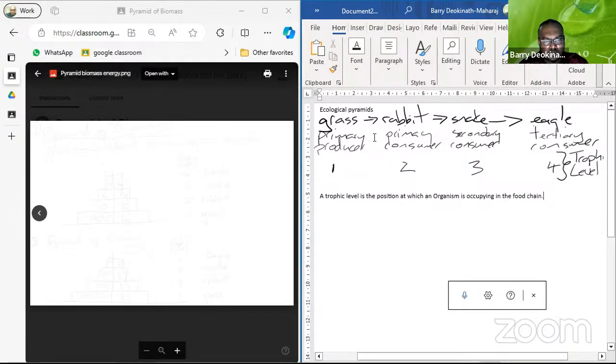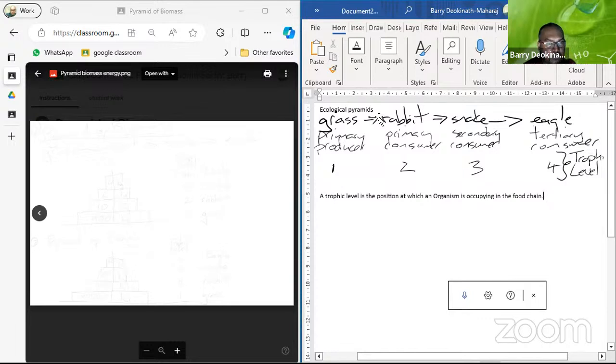Right. So, guys, you all with me so far? We're taking it step by step, bringing together all that we learned already. Primary producer, consumed by the primary consumer, consumed by the secondary consumer, consumed by the tertiary consumer. Just as a reminder, the head of the arrow points in the direction of the flow of energy.